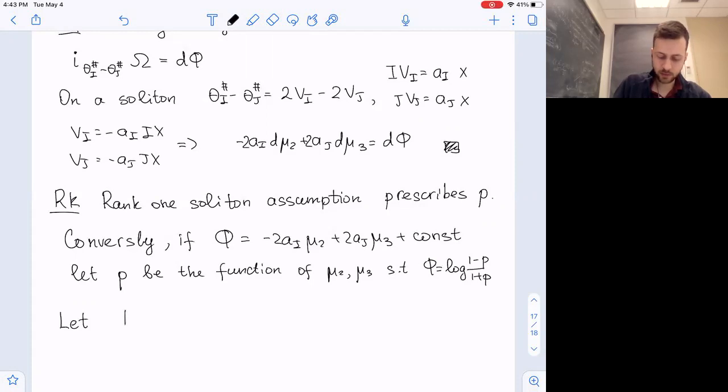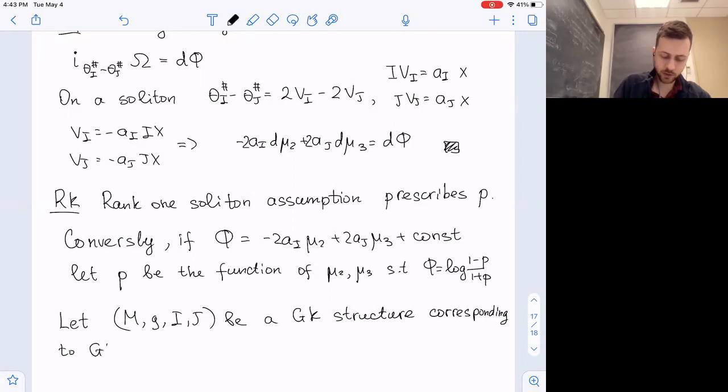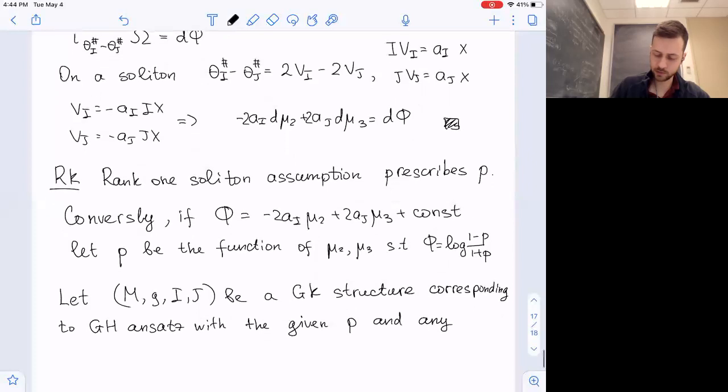Let (M, g, I, J) be a generalized Kähler generalized scalar structure corresponding to Gibbons-Hawking ansatz, with the given p and any compatible function v.